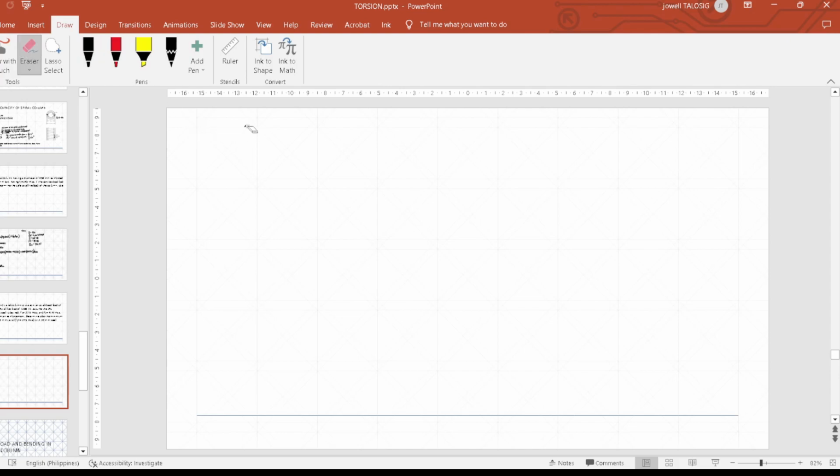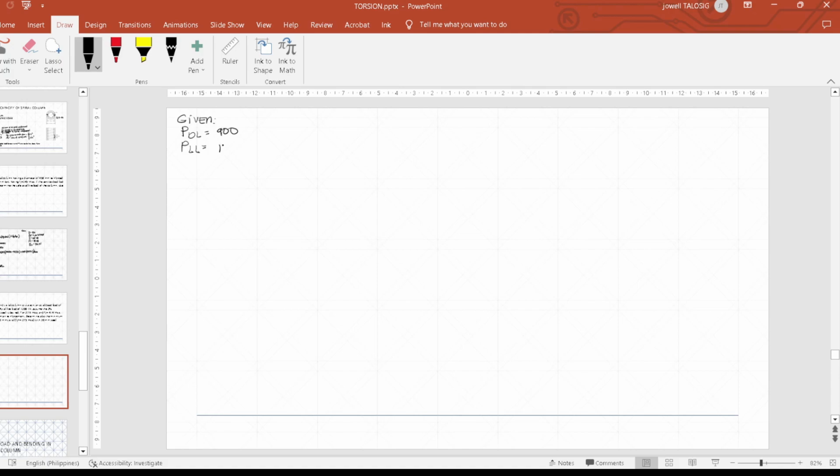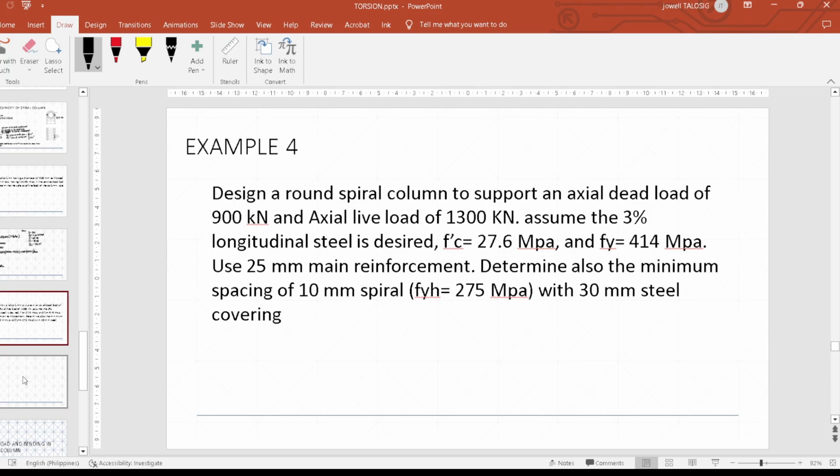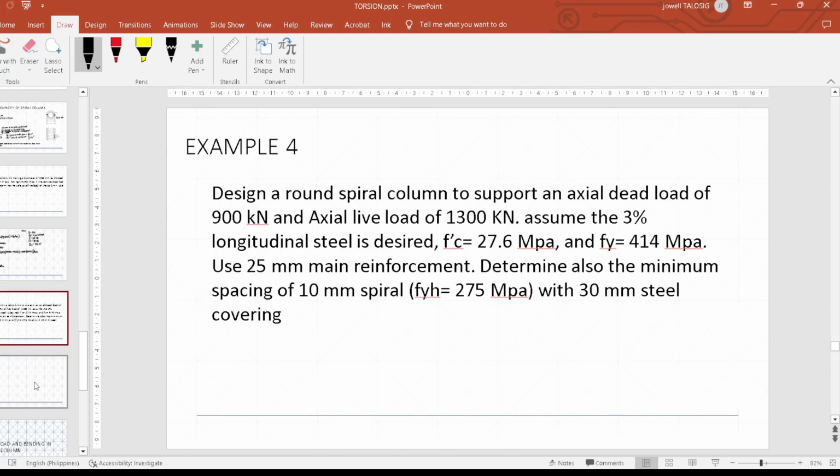Right, so this is the solution. Okay, so given muna tayo. So given is PDL, PLL. So PDL natin, 900, PLL, 1300. And f'c 27.6, fy 414. Right?